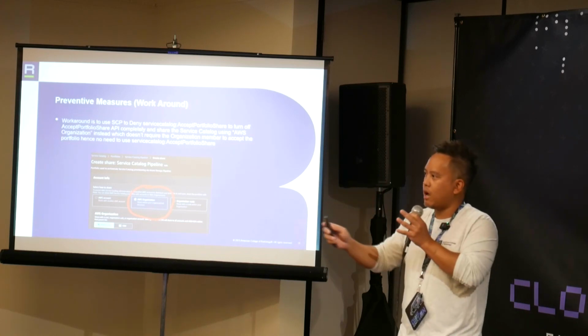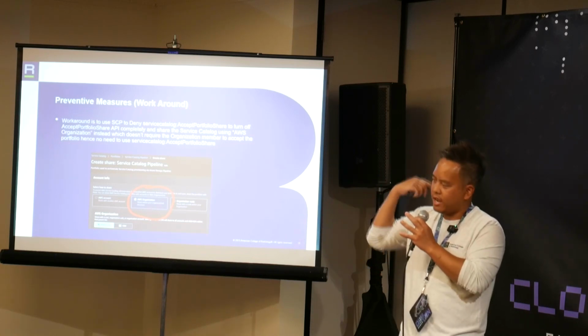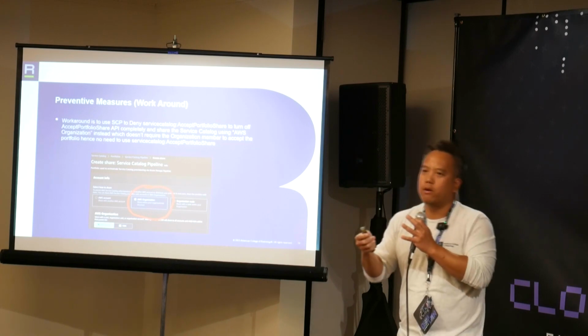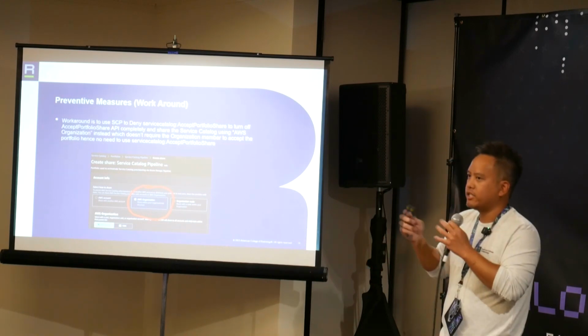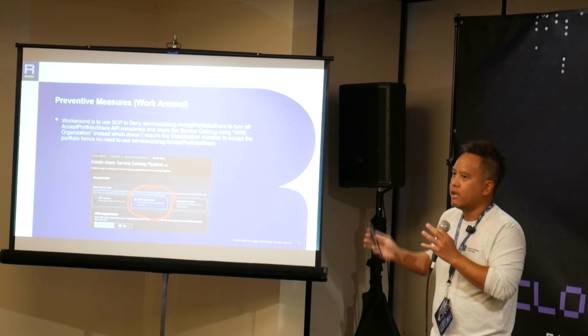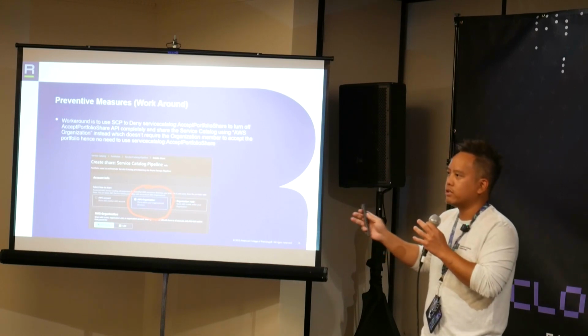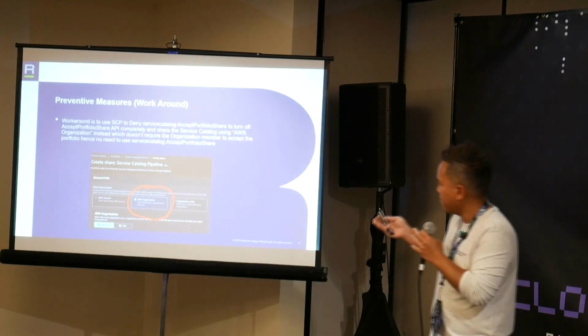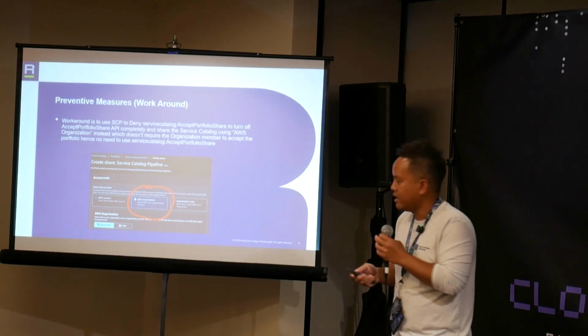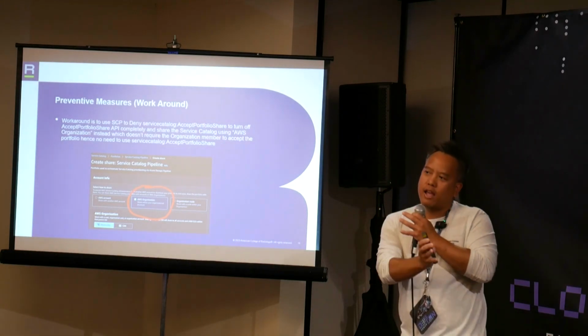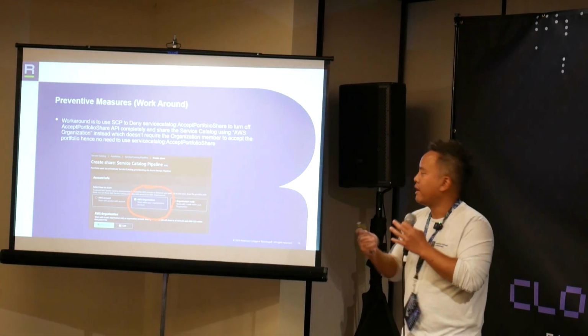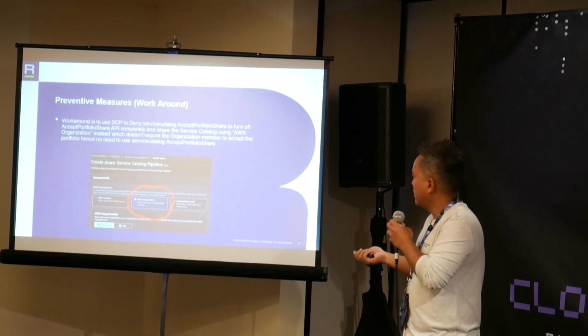When you share through the account, the target account has to do the accept portfolio. But when you share by organization, the target account doesn't have to do anything. So when you share the portfolio, do the organization share instead, and then you can block that accept portfolio part. That's one way to do it.